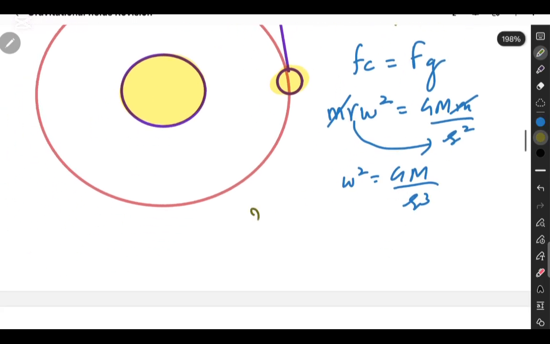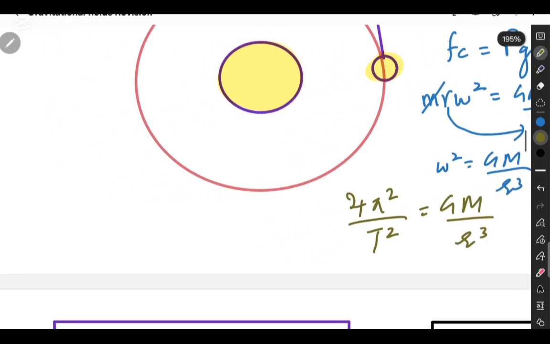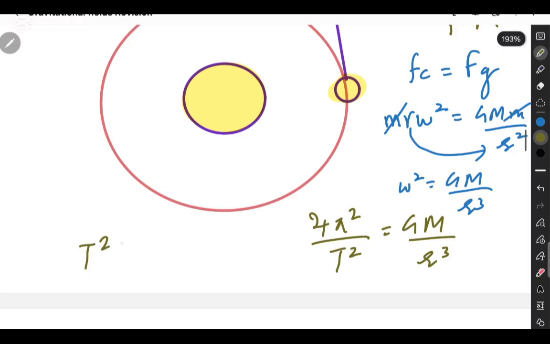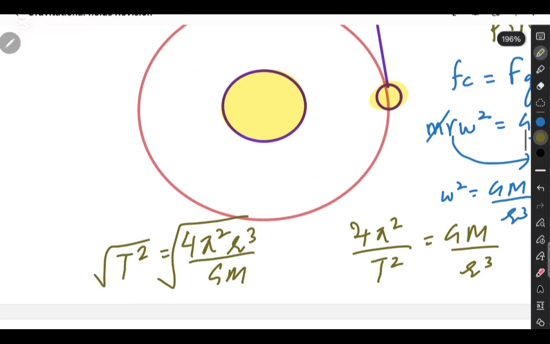And then omega square is 4 pi square by T square, equal to GM over r cubed. And then I'm going to make T the subject. So T square is equal to 4 pi square r cube over GM, okay? And then I'm going to square root both sides, and I'm going to get T is equal to the square root of 4 pi square r cube over GM, okay?